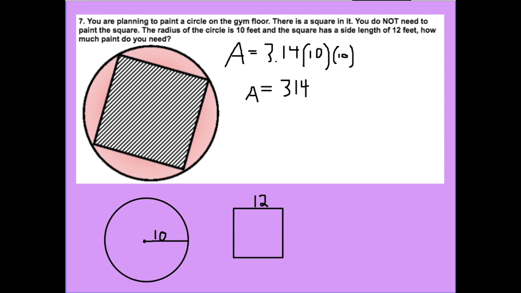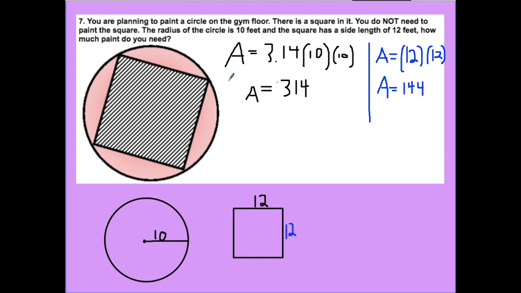So that's for the circle. And then we also need to know the square. So remember, square means all sides are the same. Length times width, so it's 12 times 12. So the area of the square is going to be 144 after we multiply that.